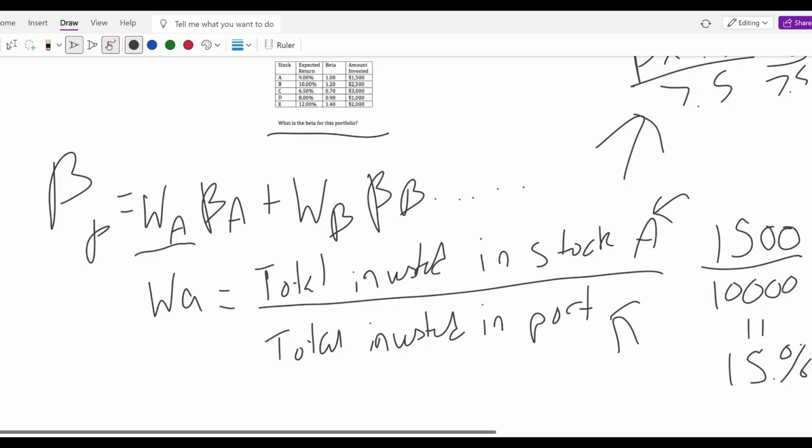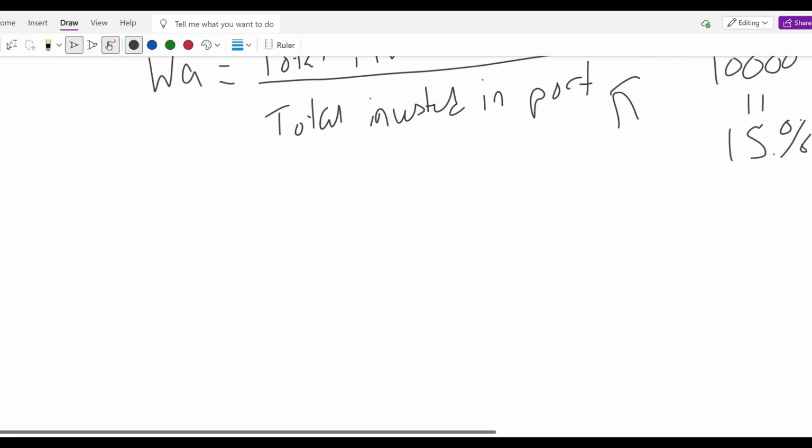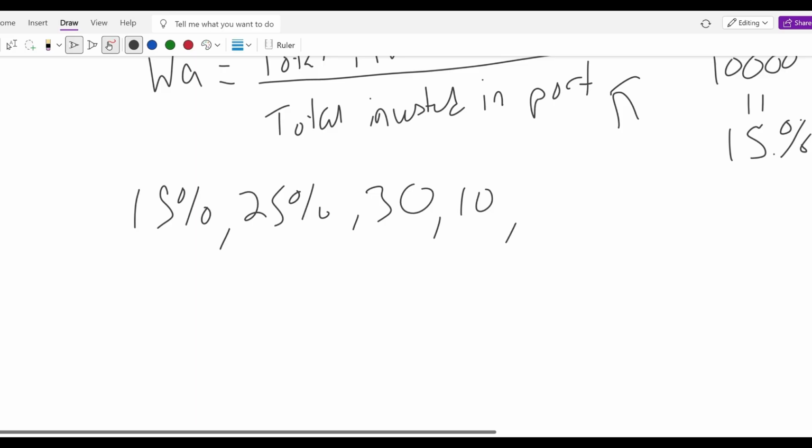If you go down and do that for all of them, you'll get 15%, 25%, 30%, 10%, and 20%. So that's all 5.